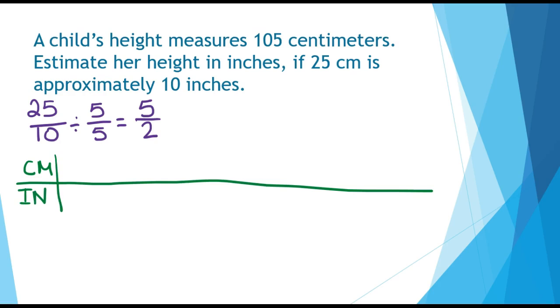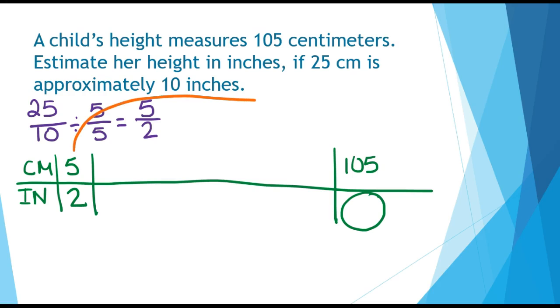Okay, so we know 5 centimeters for every 2 inches. Now I'm trying to get to 105 centimeters and however many inches. So I can take the shortcut now and try that. Let's take that shortcut and say 5 times what is 105.